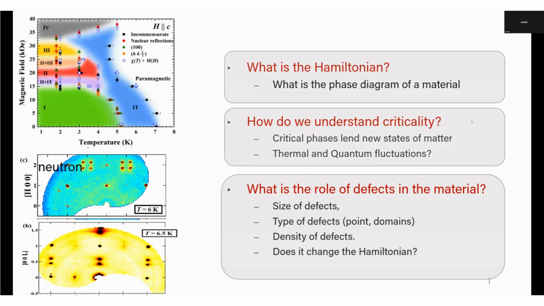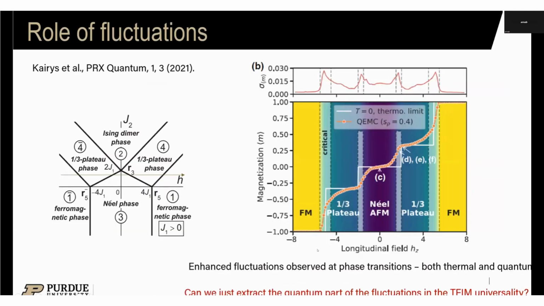But what is more interesting to me, and is the new research that I'm doing, is how do we understand quantum criticality, and what is the role of thermal and quantum fluctuations? Can we understand that using these machines? This research is now published in Physical Review X Quantum. If you look at sigma M, which is basically the fluctuations of the magnetism, what we find is that there are more fluctuations at the critical point.